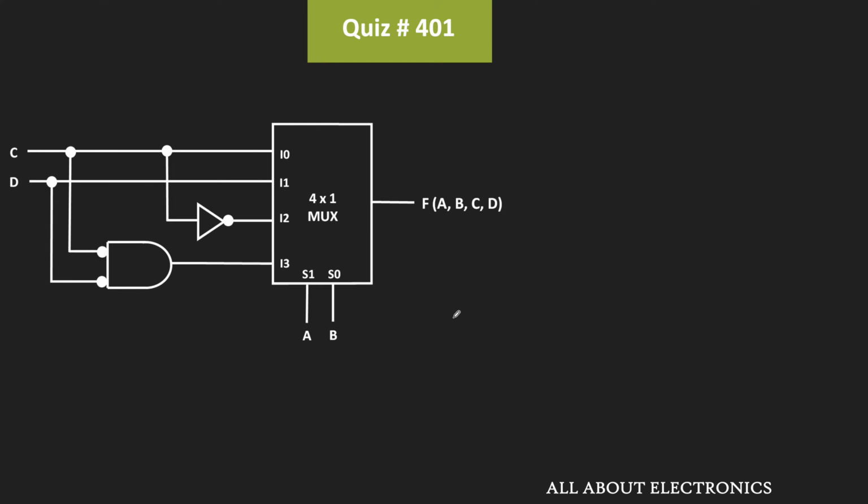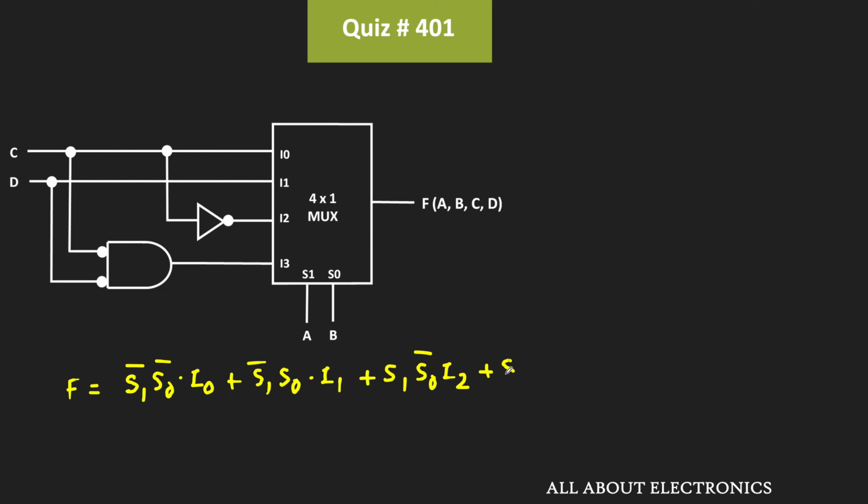For this 4x1 multiplexer, we know that the output F can be given as S1 bar dot S0 bar dot I0 plus S1 bar dot S0 dot I1 plus S1 dot S0 bar dot I2 plus S1 dot S0 dot I3. So this is the logical expression of this multiplexer.